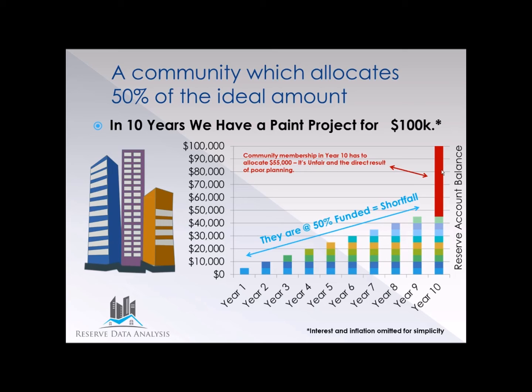So a community can absolutely go from a high percent funded level to a low percent funded level very, very quickly, either by not increasing their dues regularly, or if they slash, say, their allocation rate to their reserve account and correspondingly lower the HOA dues.